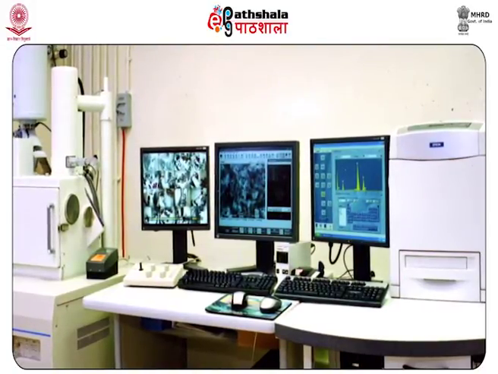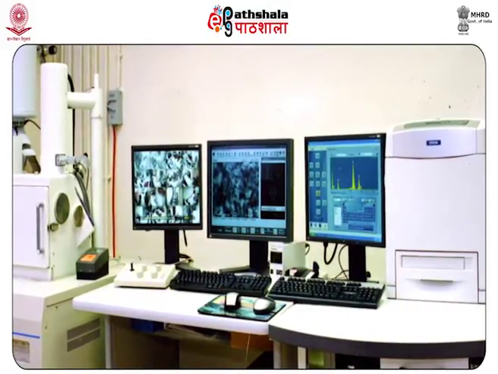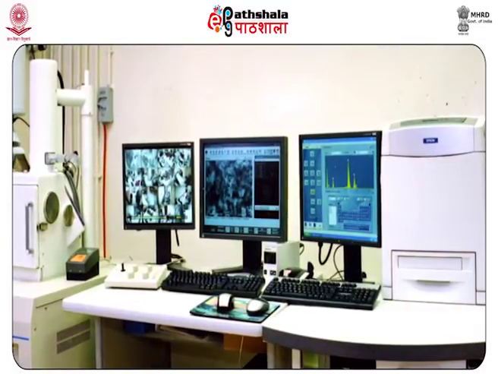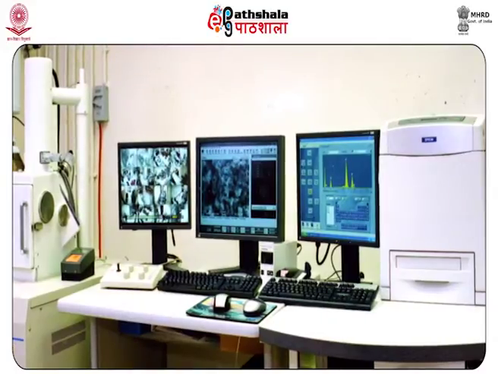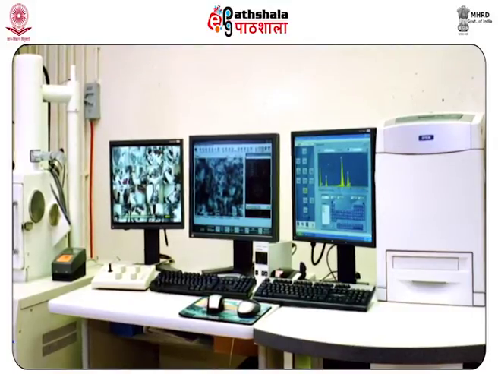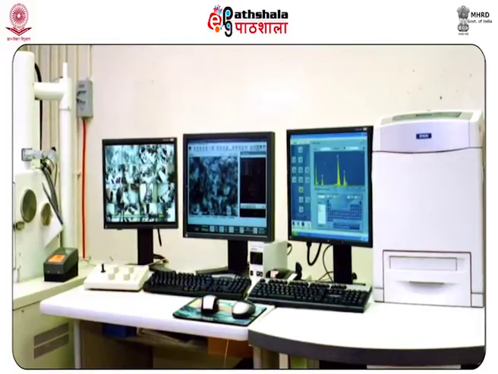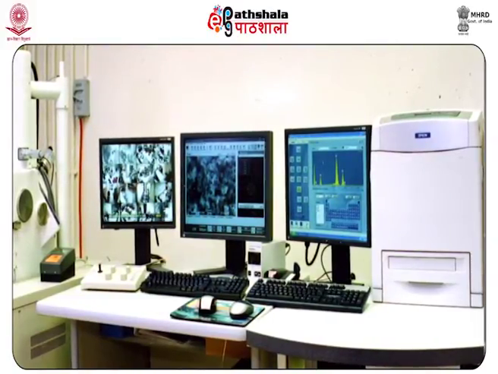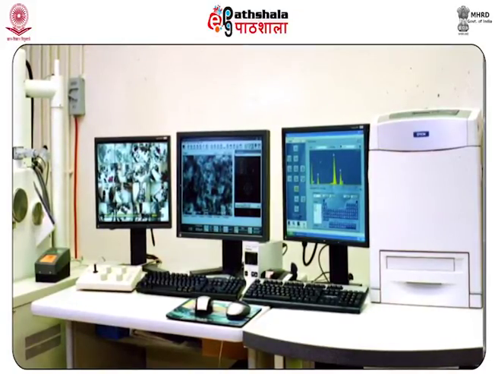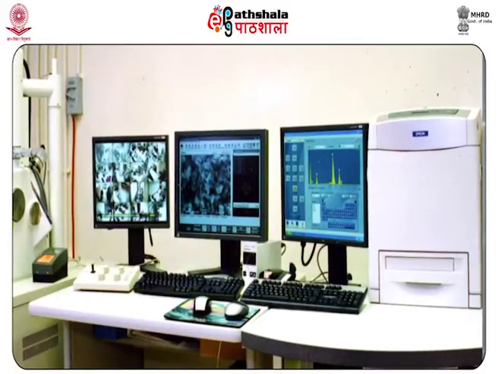Whereas most of the techniques used for this type of analysis are destructive in nature. So, we have a benefit in this case. Another significant advantage of scanning electron microscope with energy dispersive X-ray analysis is that it provides documentary proof of its findings, which can be later produced in the court as evidence and can be preserved for a very long time.